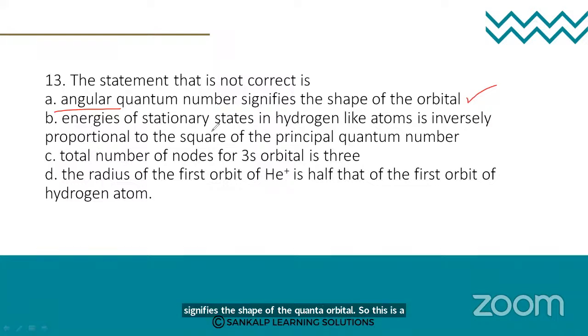Then, the energies of the stationary states in a hydrogen-like atom are inversely proportional to the square of the principal quantum number. This is also a correct statement.